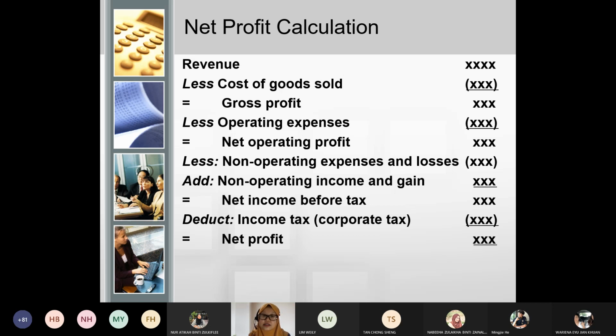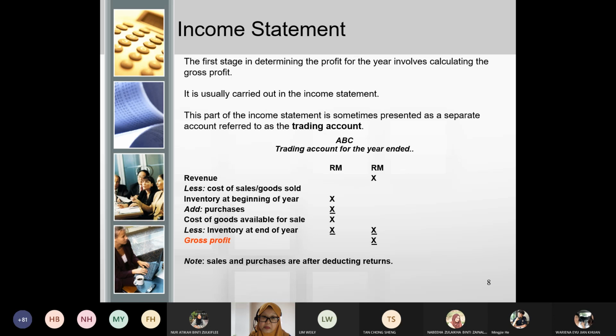All right, firstly, we have to calculate the gross profit. The section where we calculate the gross profit is what we call the trading account.